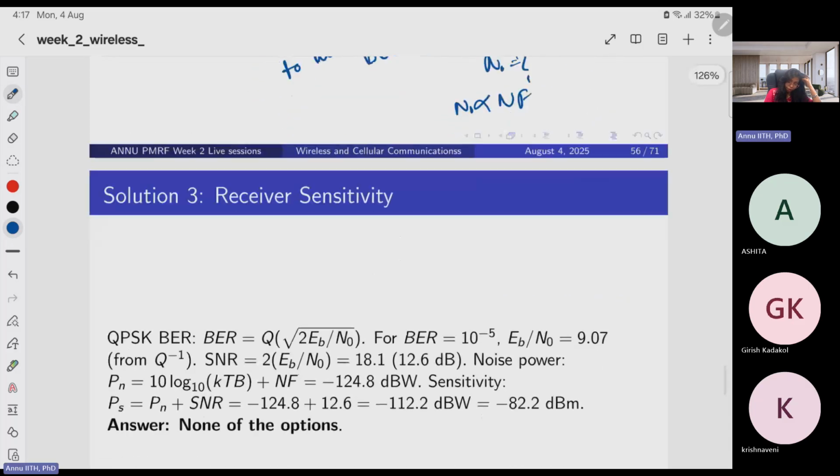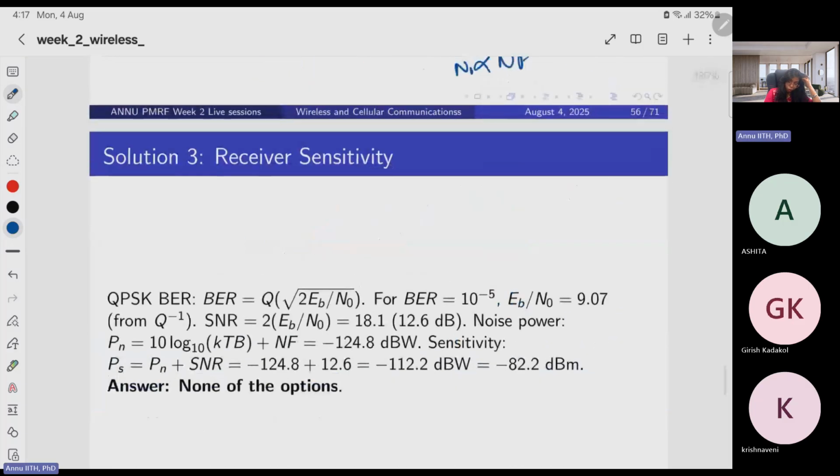Okay. So Eb by N naught, let's see that. For QPSK, BER is equal to Q of root over 2 Eb by N naught, but BER is equal to 10 power minus 5. Eb by N naught is this point, from the curve.